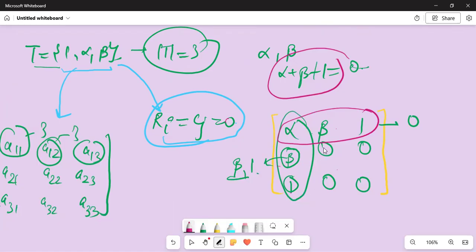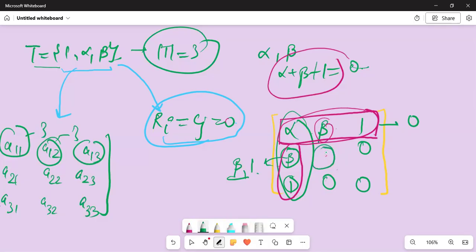So I have chosen these elements, but what about these 4 elements? Now, very clearly I can't put beta here because beta is already present in this row.